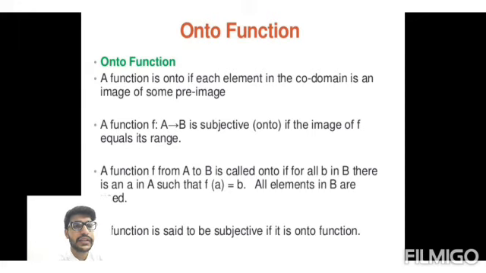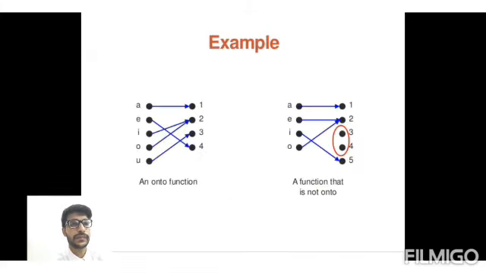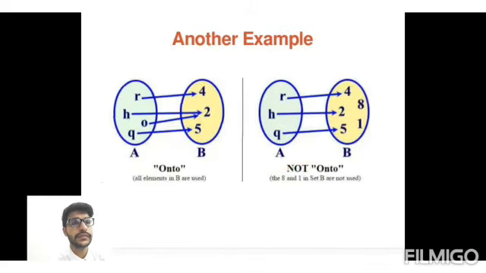All the elements of B are used. Such a function is usually called a surjective function if it is onto. Example: you can see an onto function and a not onto function. In the onto function all the elements of B are used, and in the not onto function they are not all used.